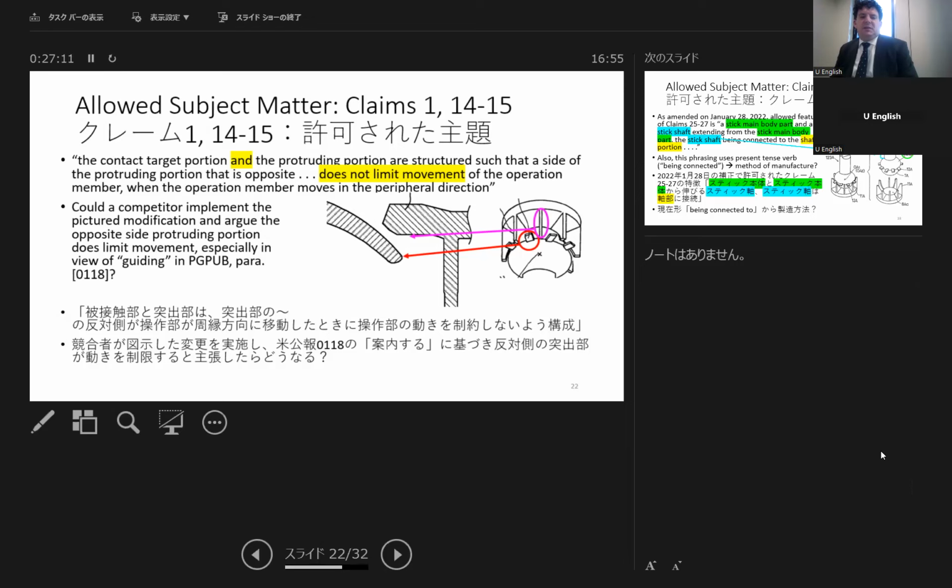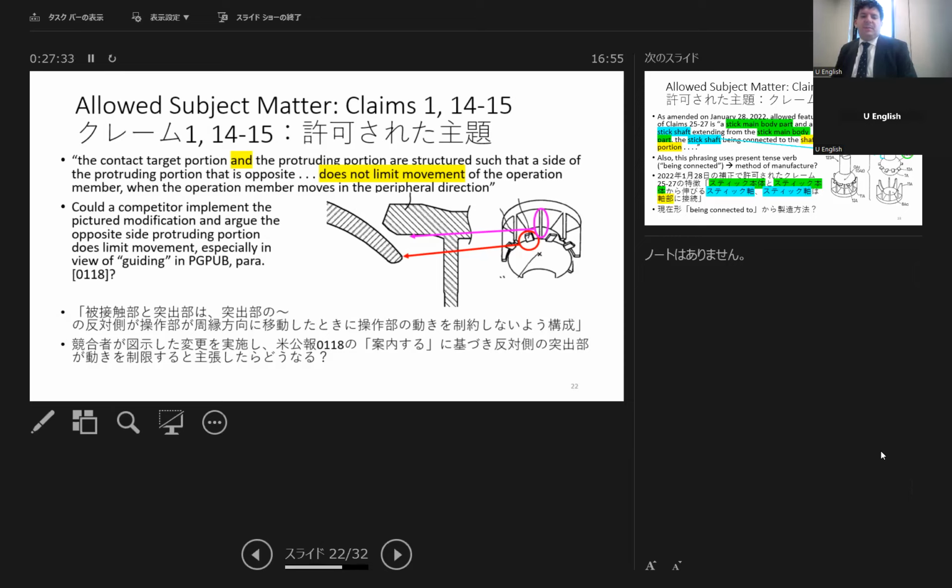And could a competitor implement that pictured modification? Well, sure, but why would they do that? Why did I come up with that? Well, that's actually something that's specifically mentioned in our application. This isn't just something a competitor could do. This is something that the applicant thinks a competitor could do.